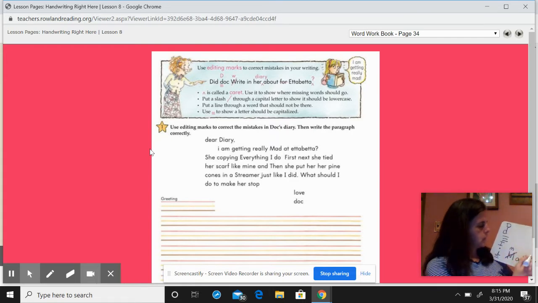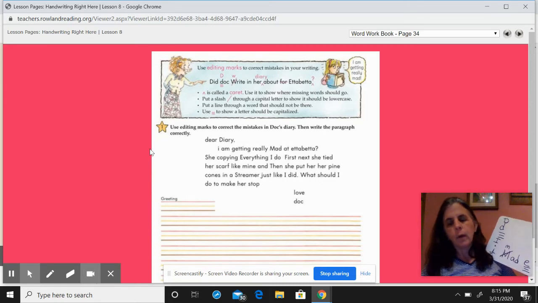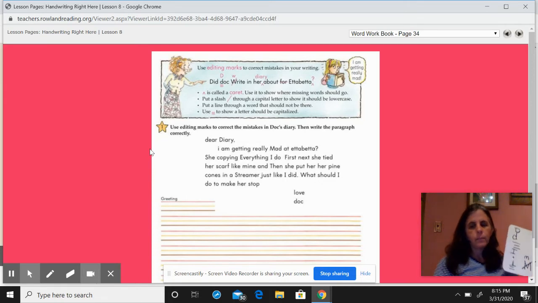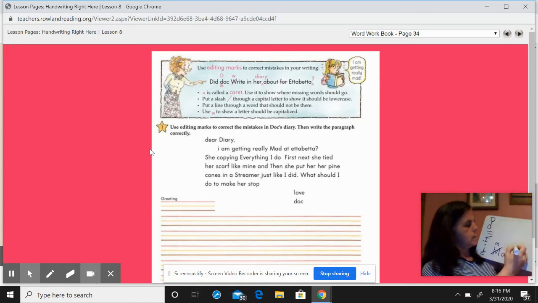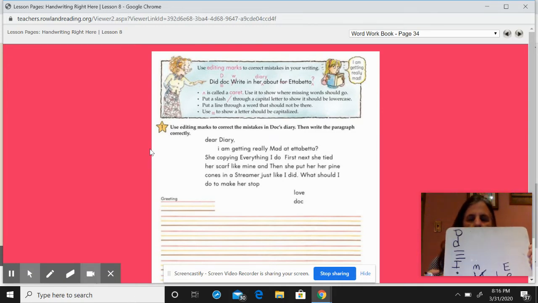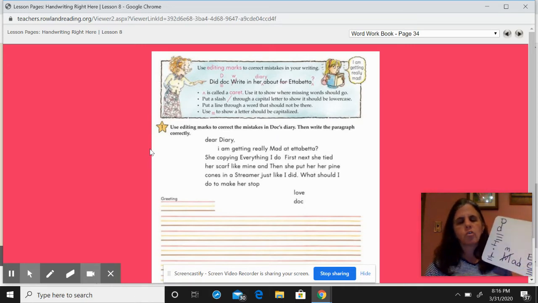That's right. Excellent. E for Edabetta should not be lowercase since that's her name. Can you guys see this? It should be an uppercase E for Edabetta. One more mistake. So listen to the sentence carefully. I am getting really mad at Edabetta. Is that asking a question?